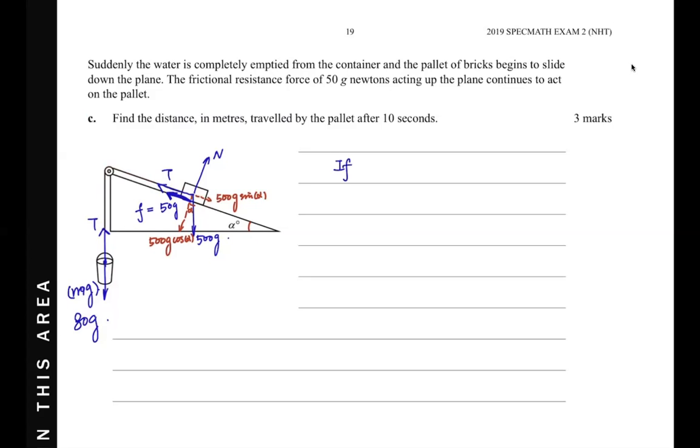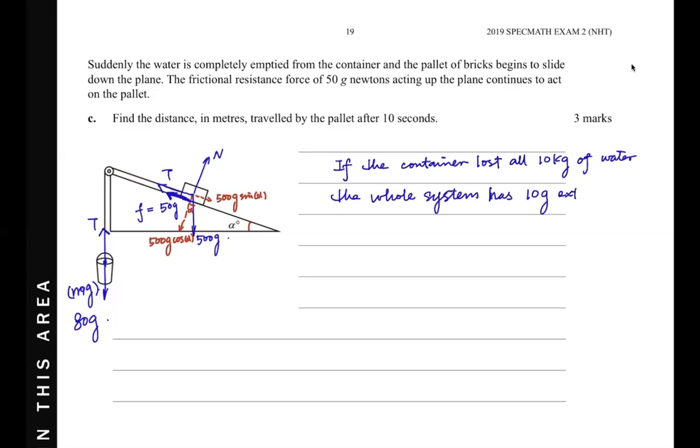If the container lost all 10 kilograms of water, the whole system has 10g extra resultant force.